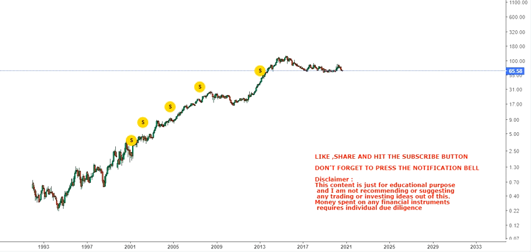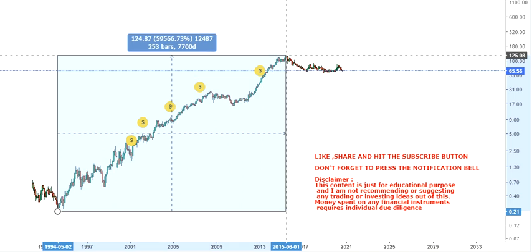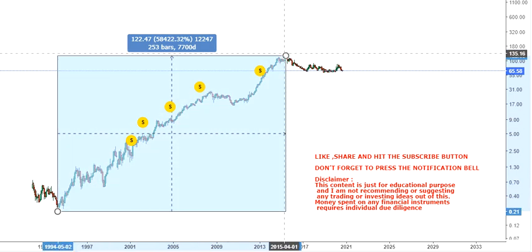So from the lows of 1993-1994, the stock has given a return of 58,422 odd percent in the period between 1994 and 2015.